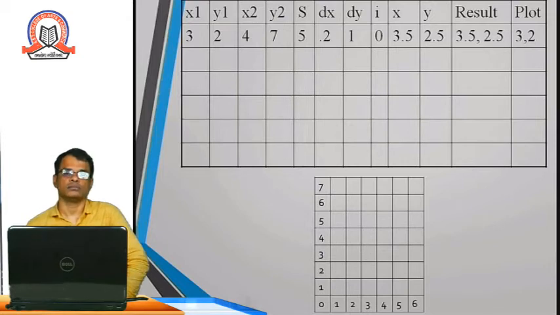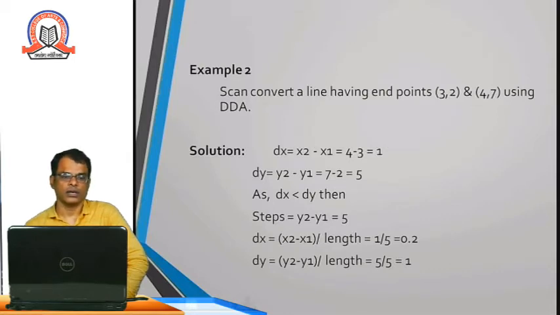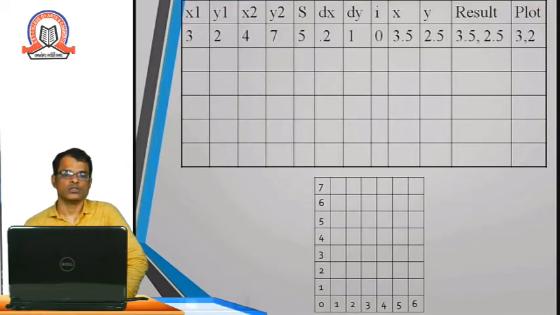And dy, that is the increment in y, is y2 minus y1, that is 7 minus 2, that is 5, divided by the number of steps, that is 5. So the division is 1. So here we have calculated dx and dy, that is the difference upon the number of steps. So dx is 0.2 and dy is 1.